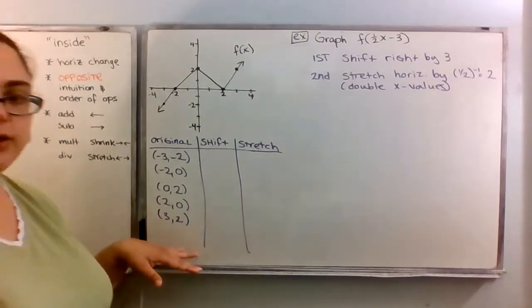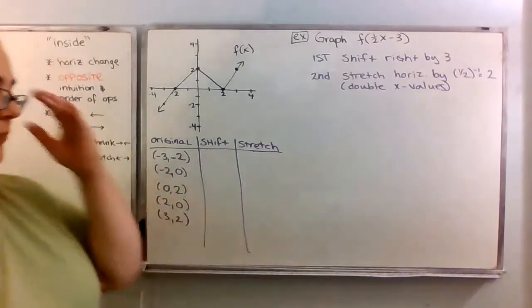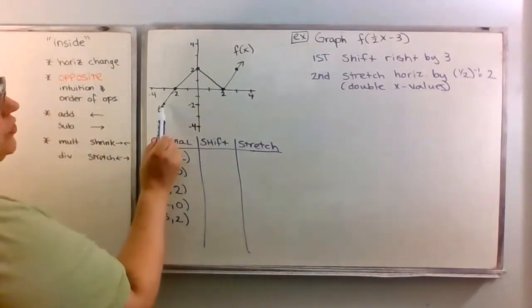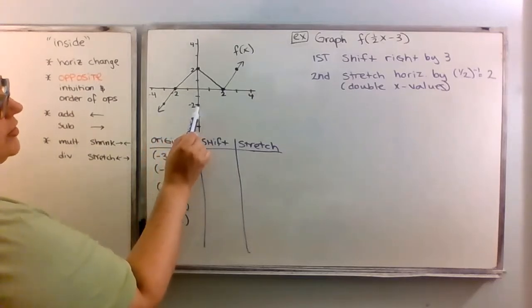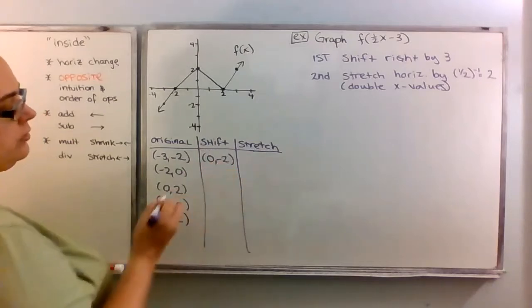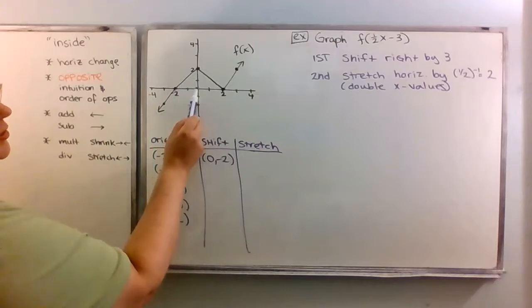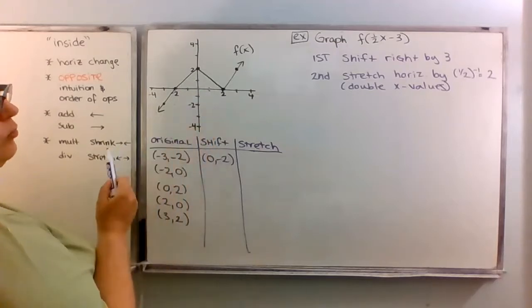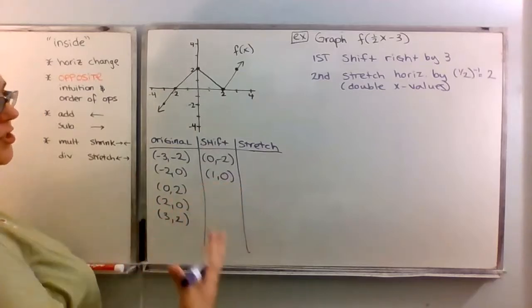So first I'm going to see where each of these points is going to go after I shift to the right by 3. So (-3, -2), when I shift to the right by 3, 1, 2, 3, is going to be at (0, -2). (-2, 0), when I shift this one to the right by 3, 1, 2, 3, is going to be at (1, 0). And so on.